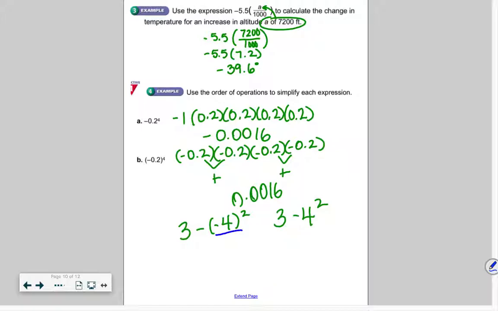Negative 4 times negative 4, which is positive 16. Over here, this is my subtraction sign being brought down, correct? Over here, this is 3 minus 4 squared. This is a subtraction sign in this question. It is not the exponent.